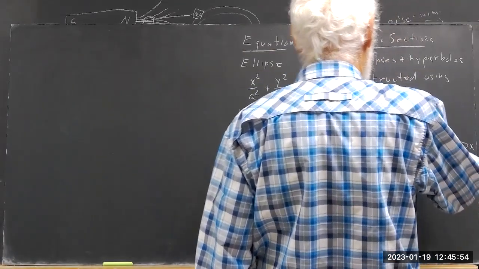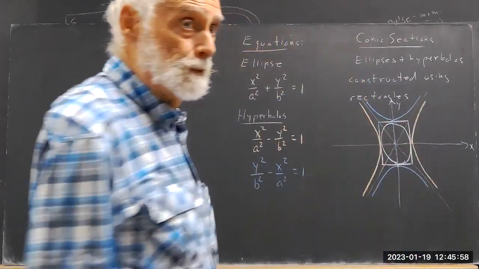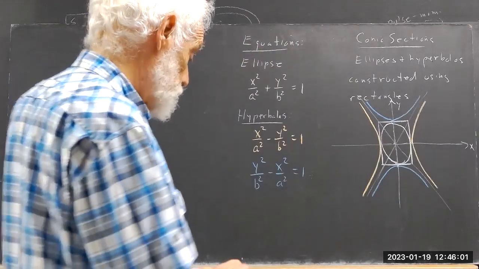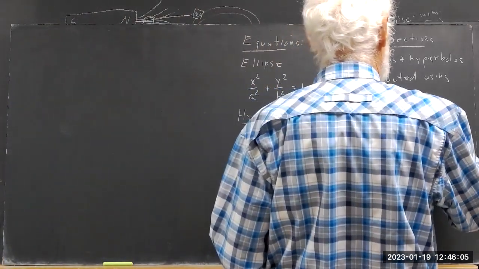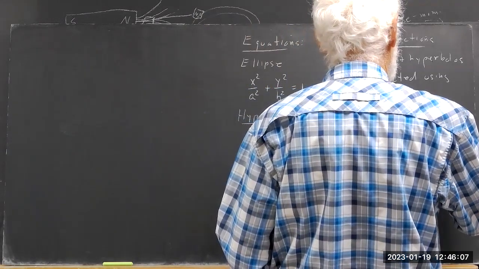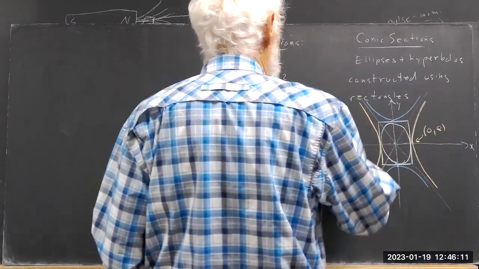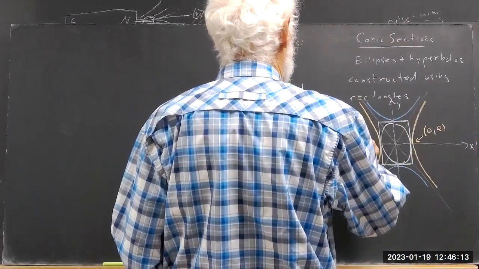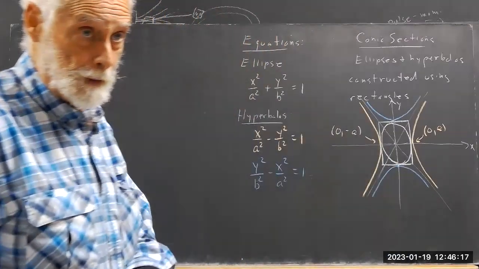Now I can label. Here's the x-axis. There's a y-axis. Here's the point (0, a). Here's a point (0, negative a).